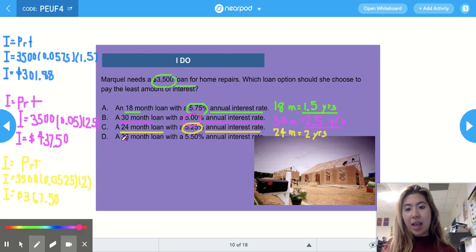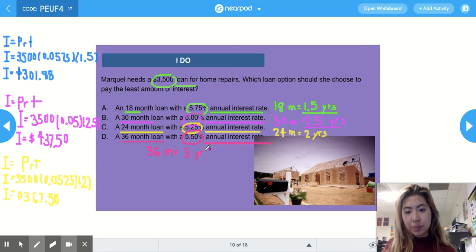Okay, on to our last loan option. It's a 36-month loan with 5.5% annual interest rate. So 36 months is equal to 3 years. 36 divided by 12 is 3. So from here, I'm going to use my equation. Interest is equal to principal times rate times time. So then plugging in 3,500.